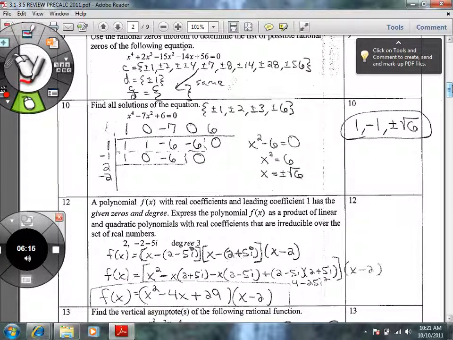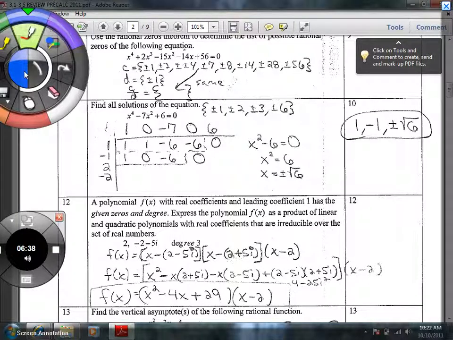For a problem that says find all the solutions, go ahead and start with your C over D list. All the factors of 6, all the factors of 1, and then try some out and see if you can get your zero remainder, see if you can get a lucky guess and figure out which one is a zero. And then that'll make your polynomial a little bit more depressed.